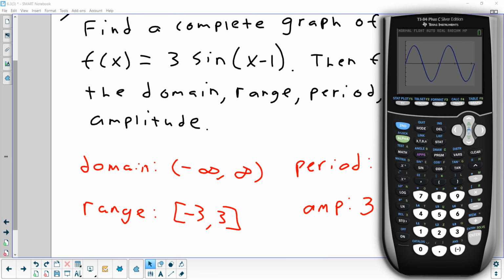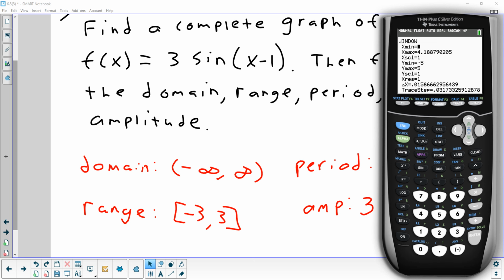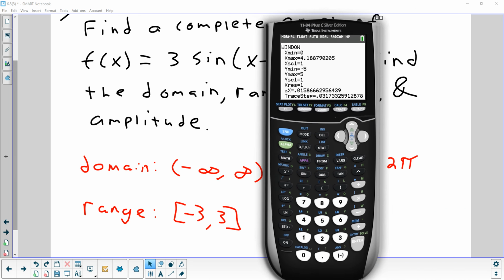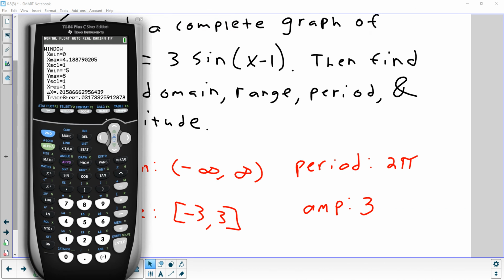All right, so this time I'm going to leave my y's -5 to 5. That's fine. But what should my x max be if I want to show 3 cycles and I want to start at 0? Tyler? 2 pi? Well, 2 pi is the period, so that would show exactly 1 cycle.